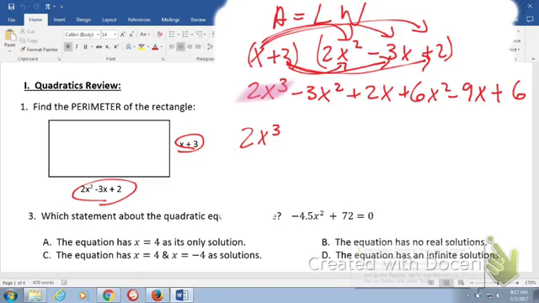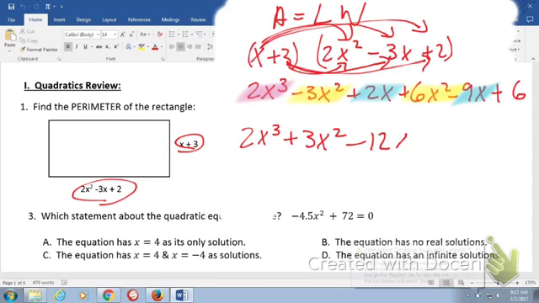Then all of the x's with the power of 2, so that and that, we're going to combine them, and we get positive 3x squared, right? And then after that, we get all the x's with no power, and we should get negative 9, 10, 11, 12.